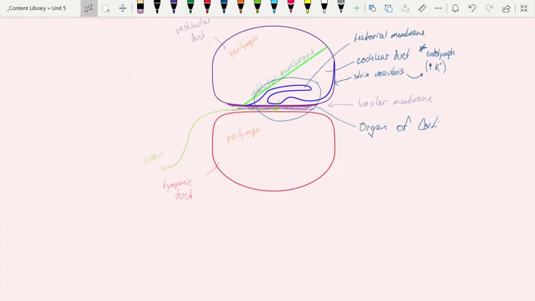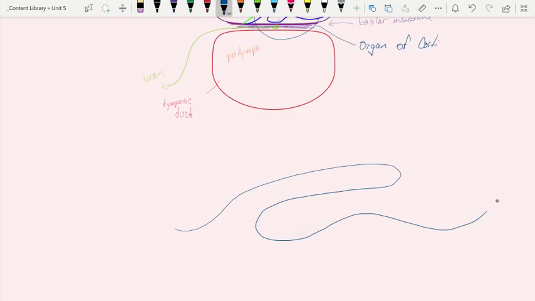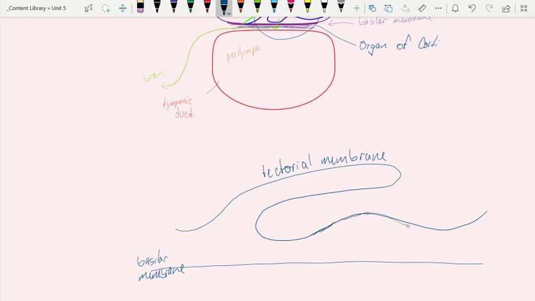Okay, let's expand this organ of Corti. We'll draw it down here. This is essentially what we're looking at. Remember, we're sitting right here on the basilar membrane, and up here we have the tectorial membrane. Well, as part of this reticular lamina, this area down here consists of hair cells.